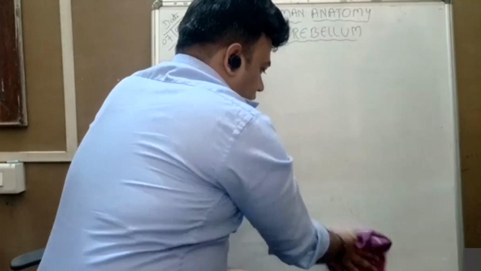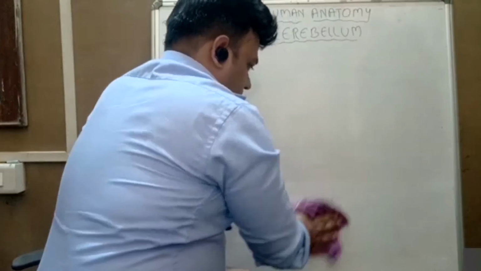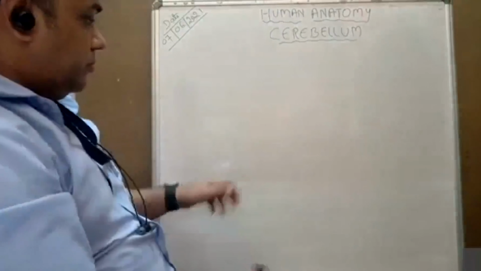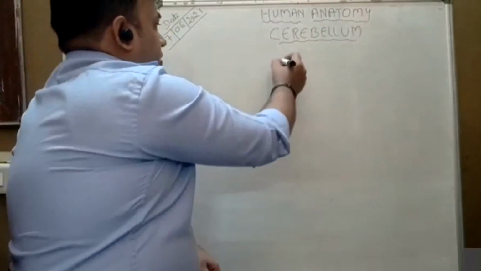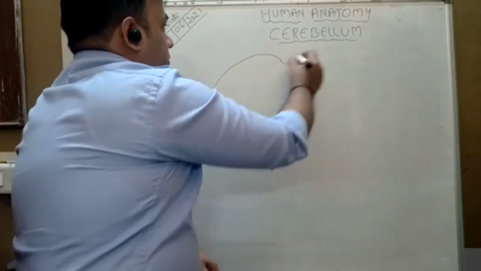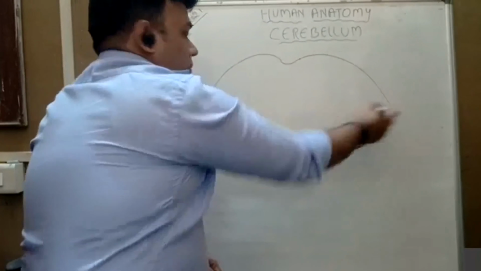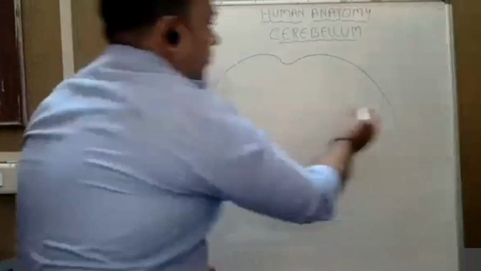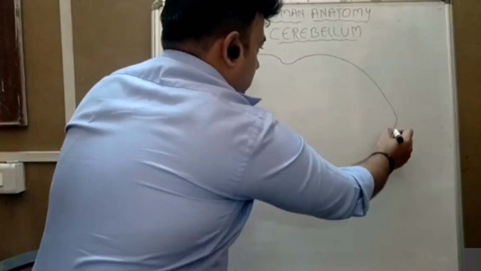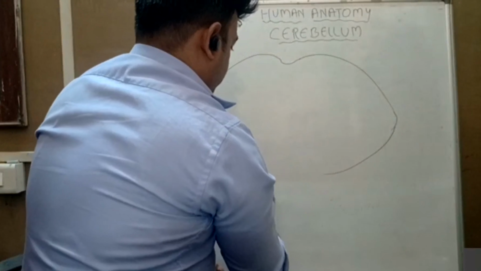When we see the cerebellum from the posterior aspect, how does it look? It has, anteriorly, the sulcus known as the anterior sulcus. Then go posteriorly, inferiorly.